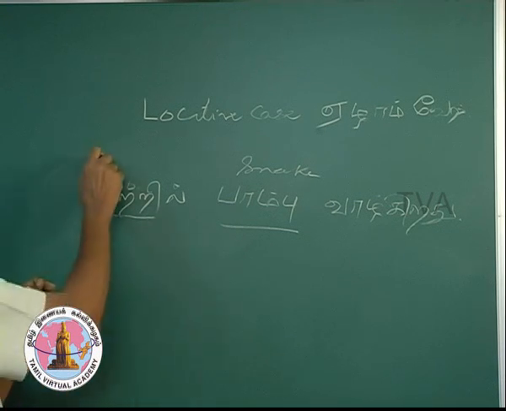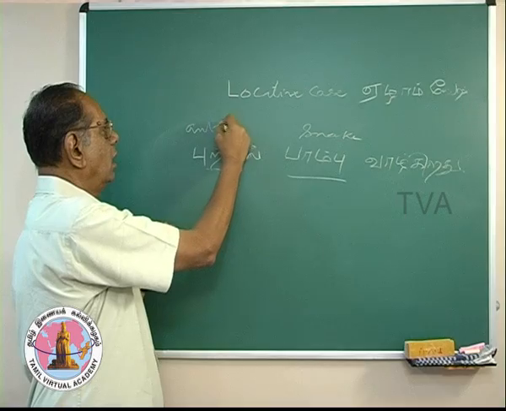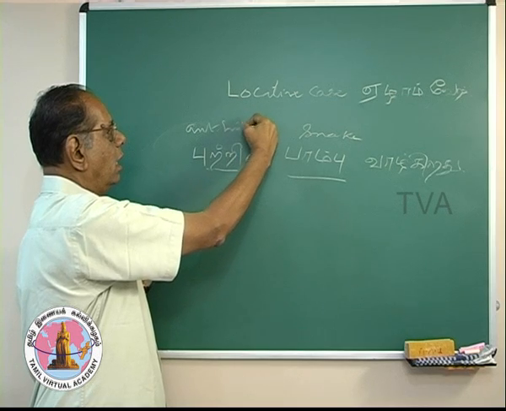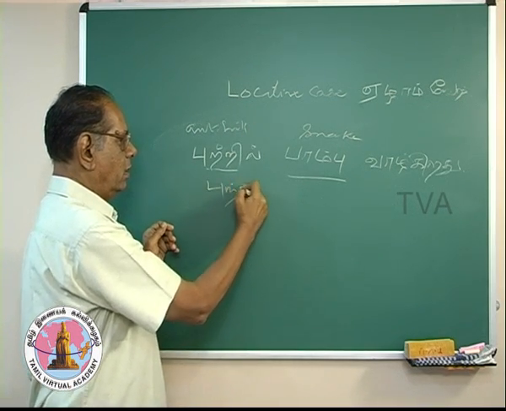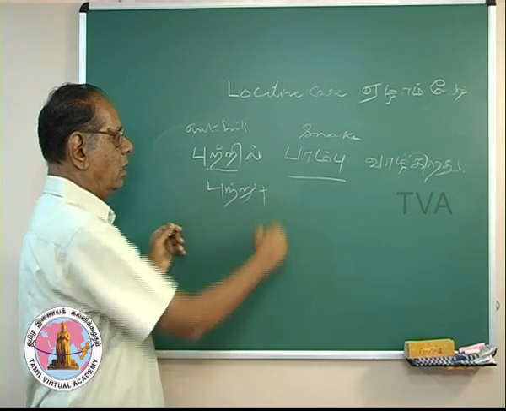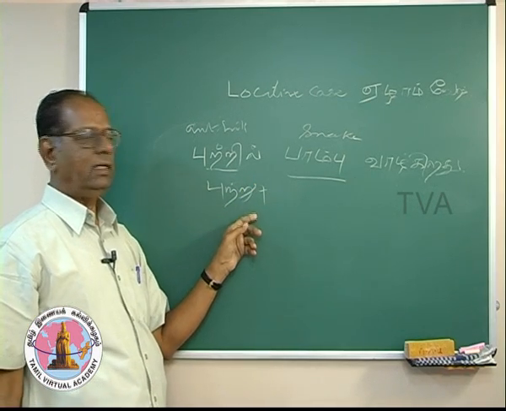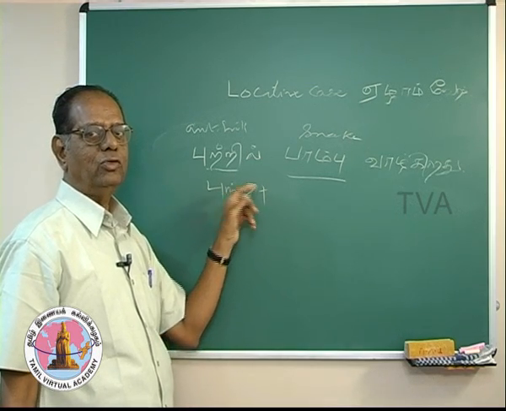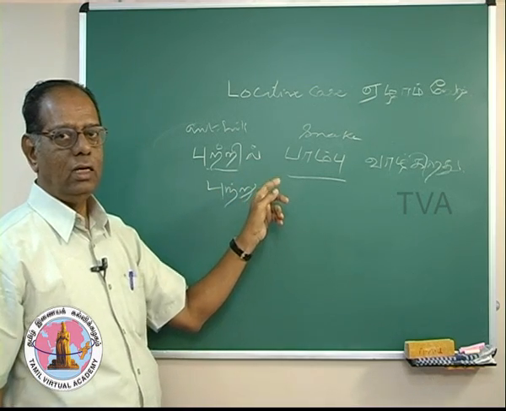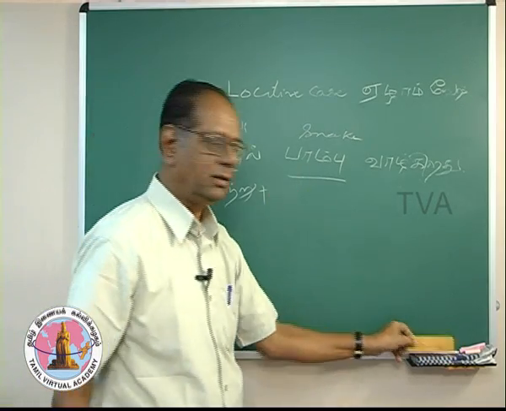It's an ant hill. Putru is the word, it ends with vu and takes up the case marker. So it becomes putril. Putril பாம்பு வாழ்கிறது.